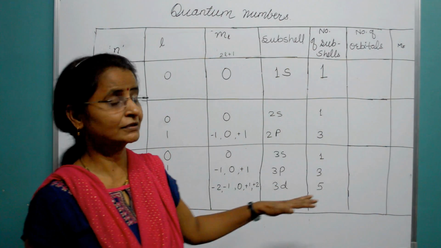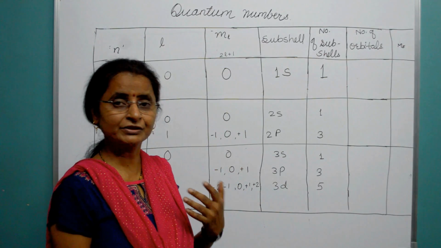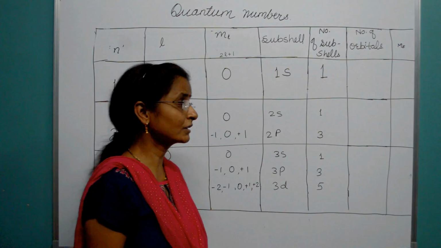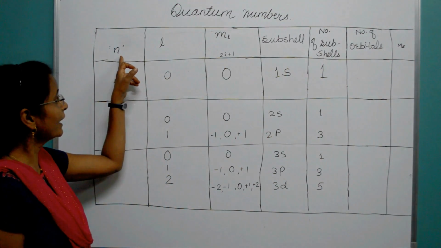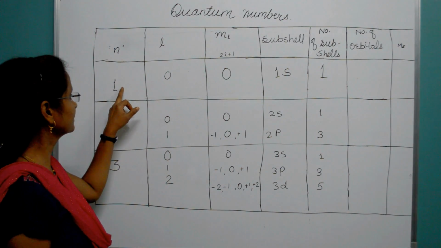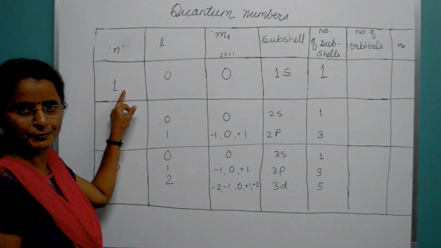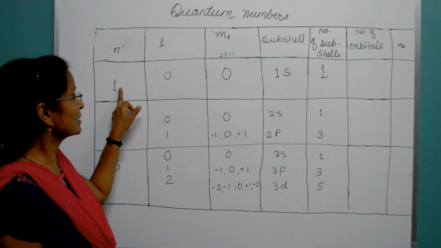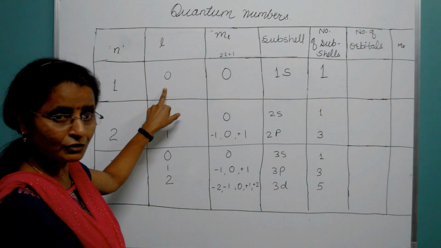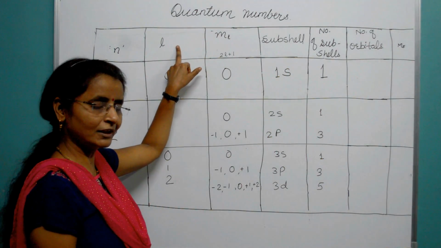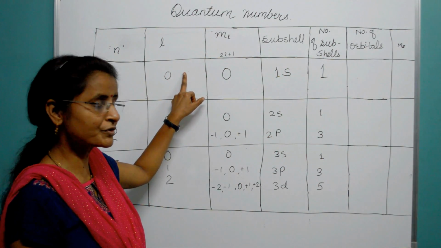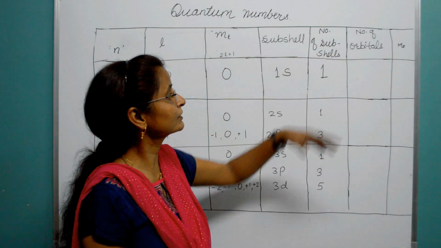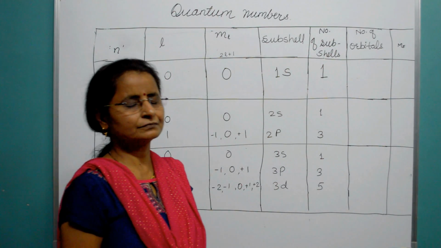Now in this table we will see about each quantum number, and in short we will overlook each quantum number. So n means the principal quantum number. What does the principal quantum number represent? Energy level. So first energy level, and the azimuthal quantum number is represented by L, and it determines what? Subshell. How many subshells are present, and m represents what?